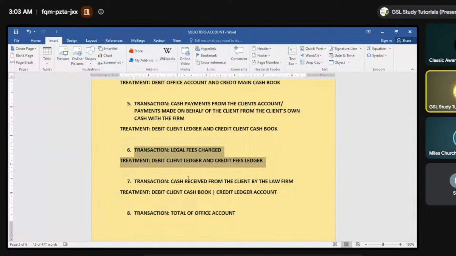Okay, please finish your question. So it means that for the other accounts we apply the principle of debit the receiver and credit the giver, but when it comes to legal fees, it's the opposite. Based on what is in the manual, they have established these rules for us.